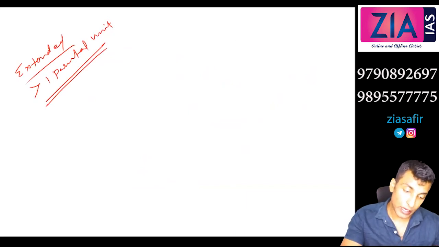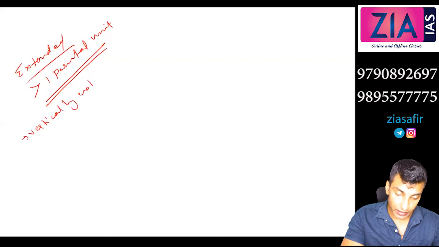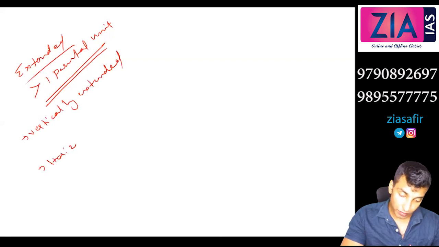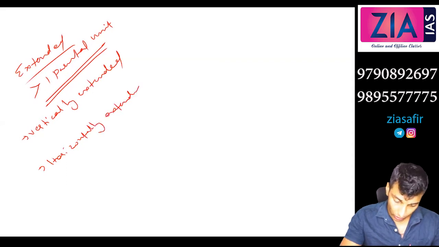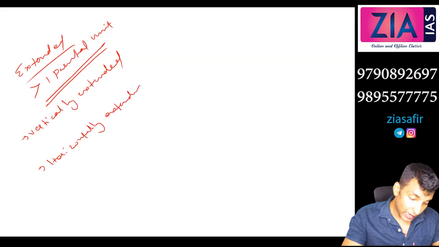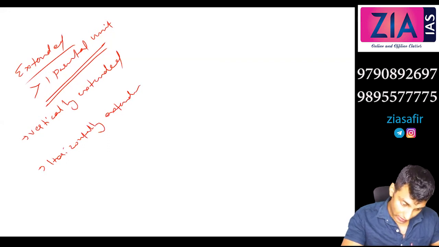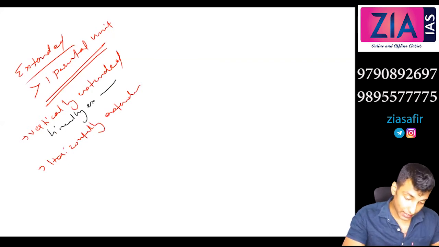So extended family is also of two types: vertically extended and horizontally extended. Or you can also see in some textbooks linearly extended. So both are same actually, linearly extended and laterally extended.